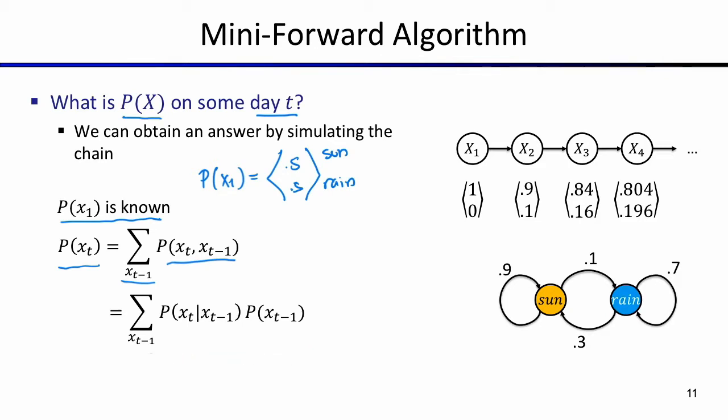I'm going to write here in the corner to try not to use too much space, thinking about just two possible states, sun and rain. So we want to compute the probability of xt equals sun. We want this quantity here, and this is going to be a sum of two possible terms.